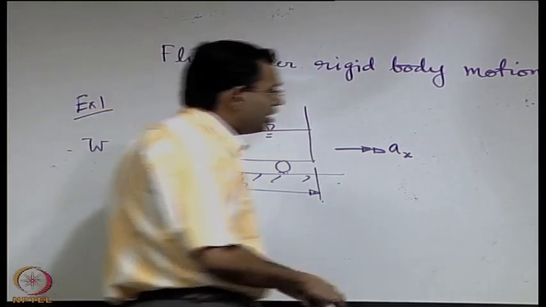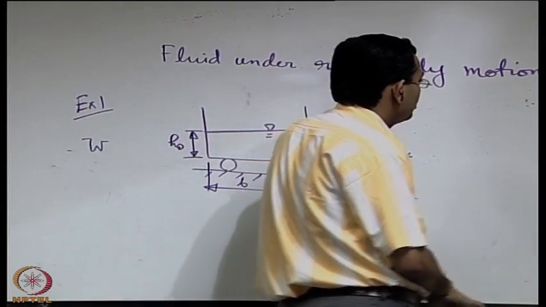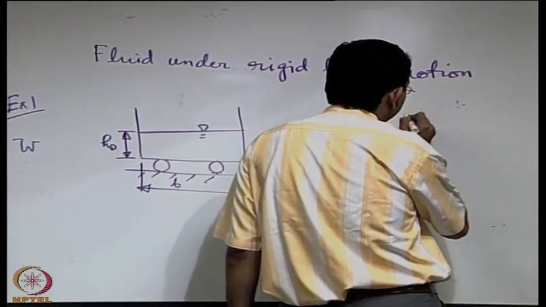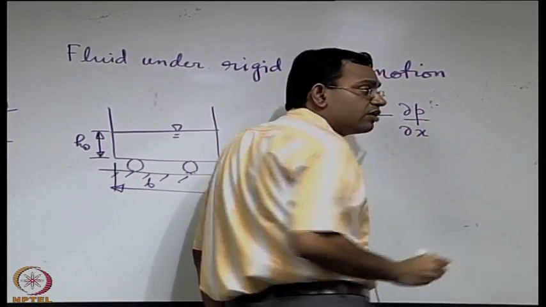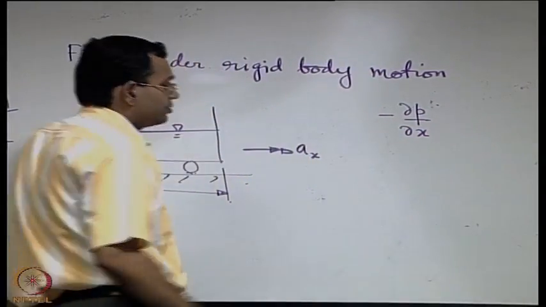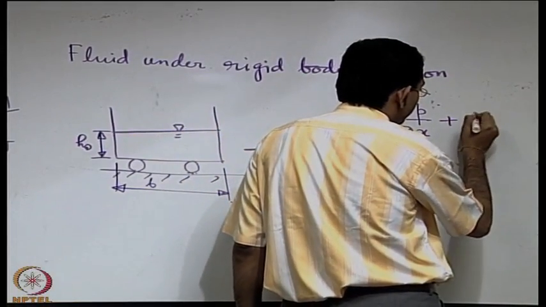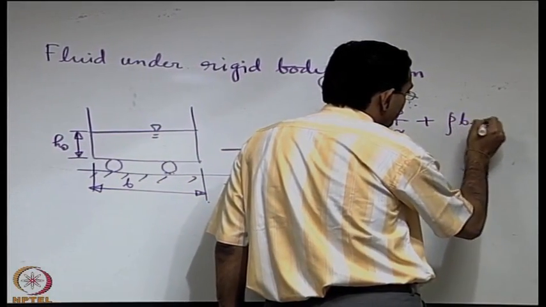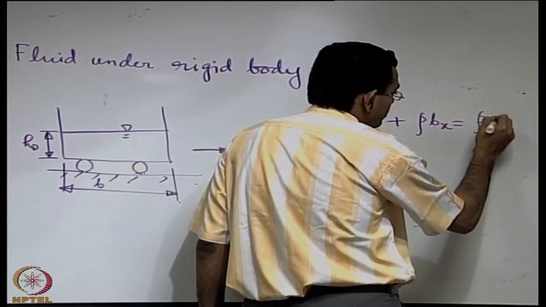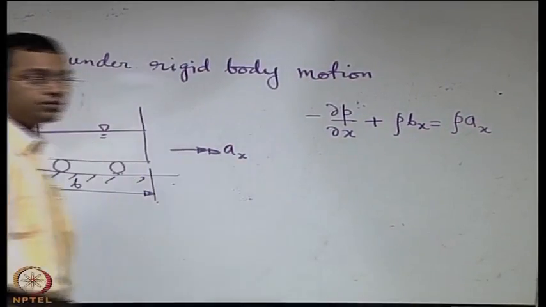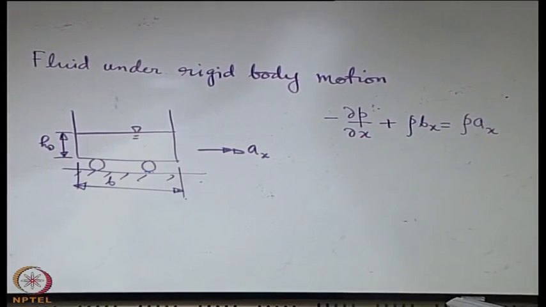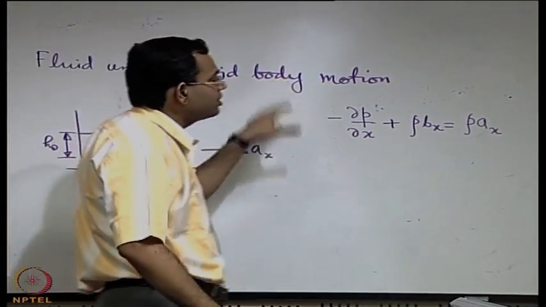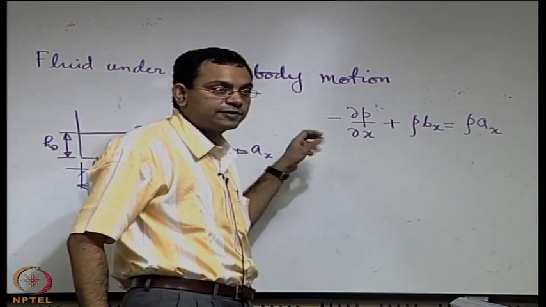Now recall that we derived certain expressions with regard to distribution of pressure in presence of body force. So far as I remember, this is the expression that we derived some time back when we were starting our discussion on fluid statics.